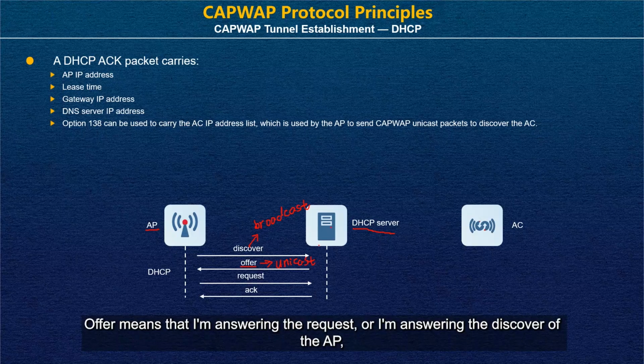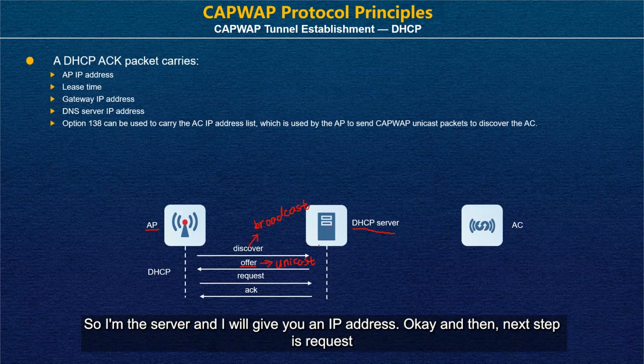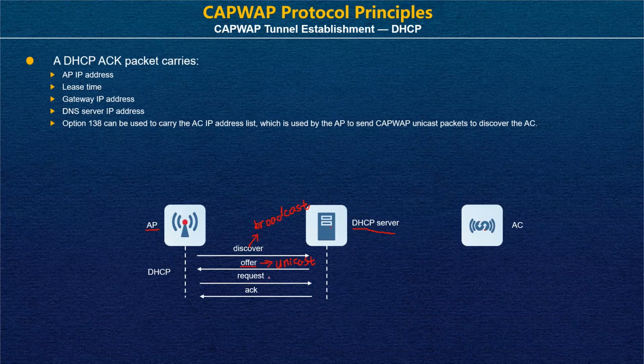Offer means: okay, I'm answering the discover of the AP. Since I'm the DHCP server, the offer packet contains the IP address. I will give you an IP address. The next step is request.